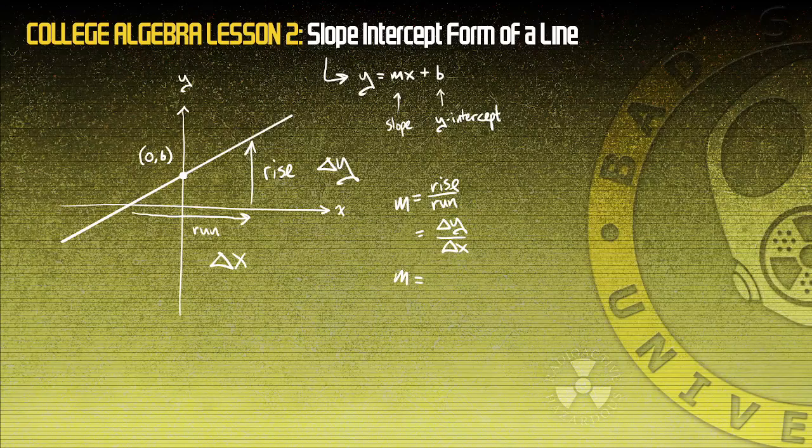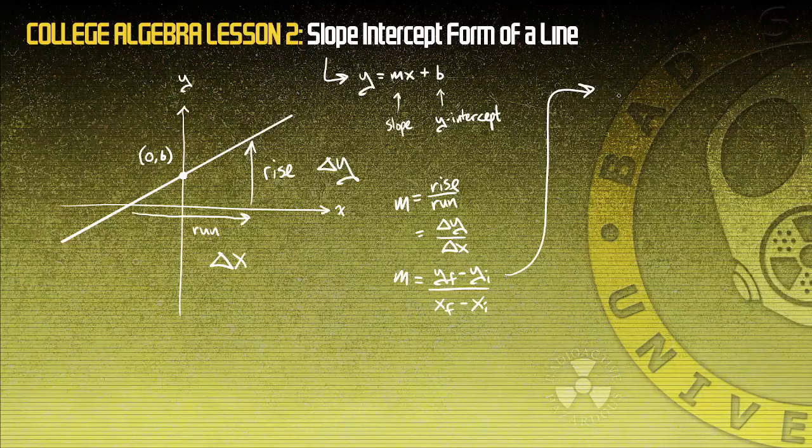What you can do is plug in what delta y and delta x are. So delta y is the final coordinate of y minus the initial coordinate of y, and same for x, final minus initial. And then what you want to do is solve this equation for y final.